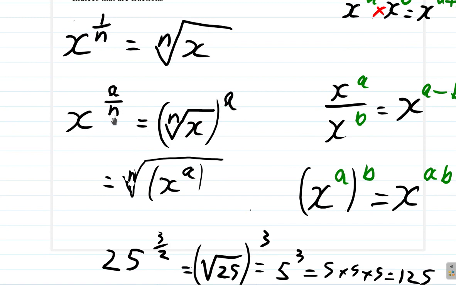The denominator is the root of the number you're dealing with, x. The numerator, the top number, is the power that you raise the number to. Alright, so that will be it for now.